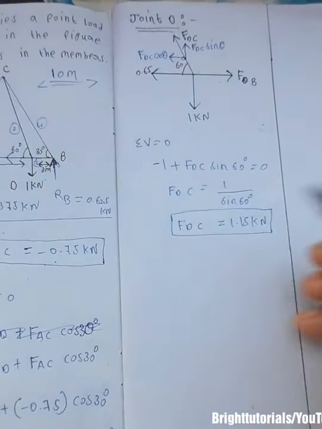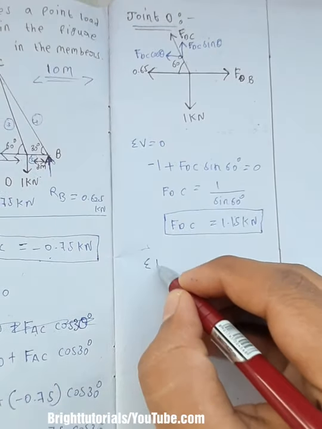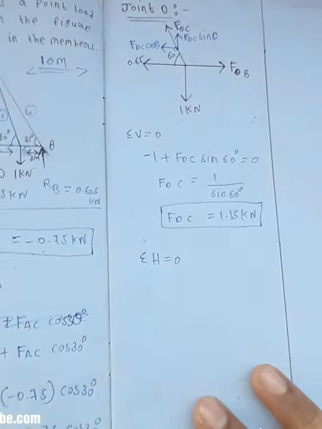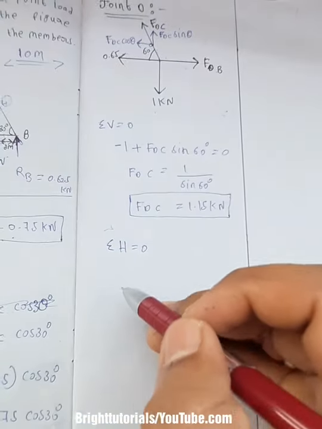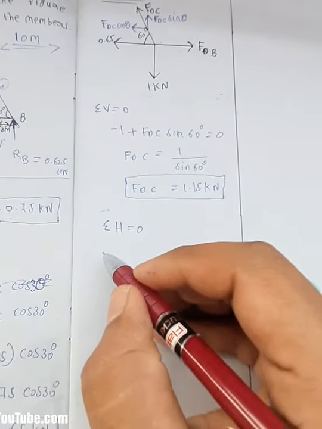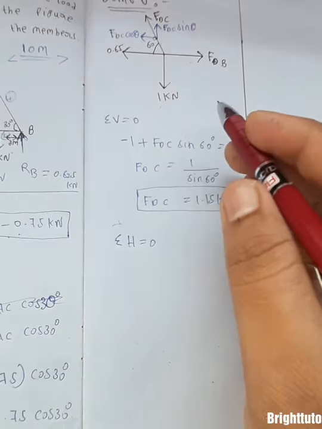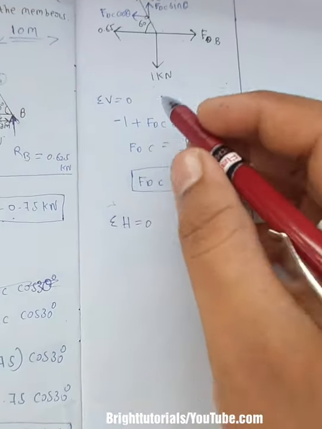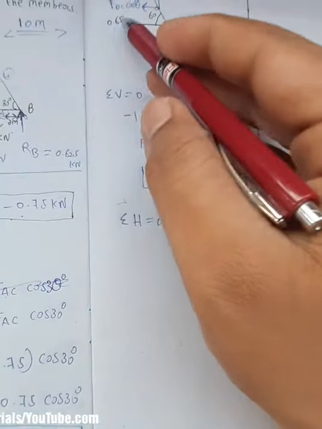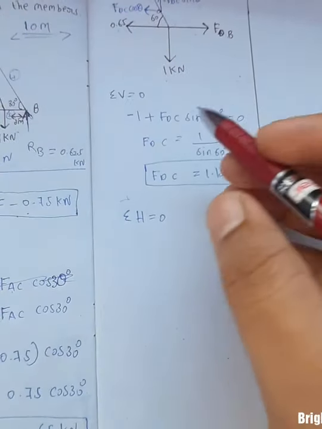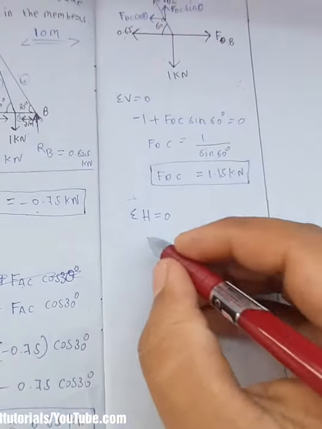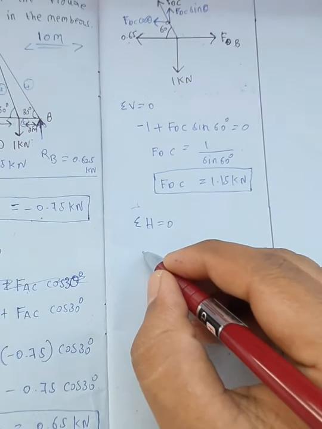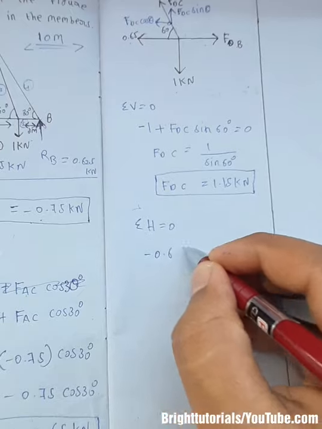By doing the summation of horizontal forces equals to 0, we can find the value of FDB. So now summation of horizontal forces. Here 0.625 is also a horizontal force, but it is going towards left, so the sign of it is negative 0.625.